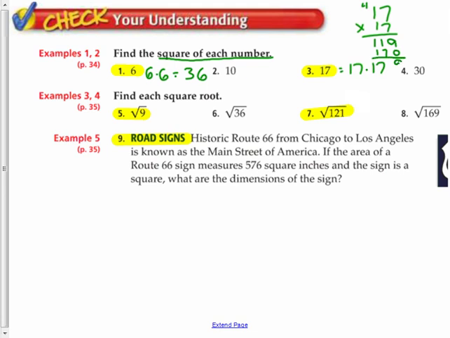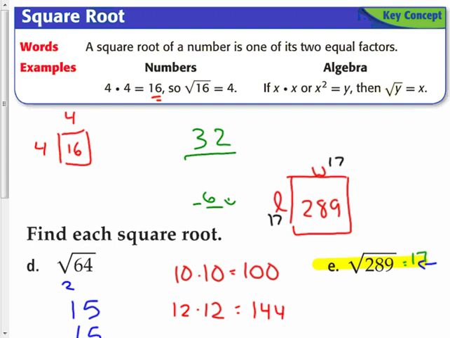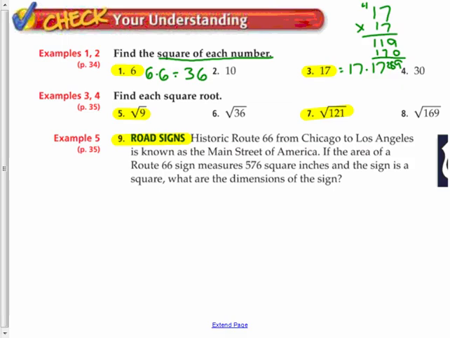This might start to look familiar. I have 289. Well, going back to one of our earlier examples, if the square root of 289 is 17, then the square of 17 is going to be 289. All right, so we can work backwards and forwards.